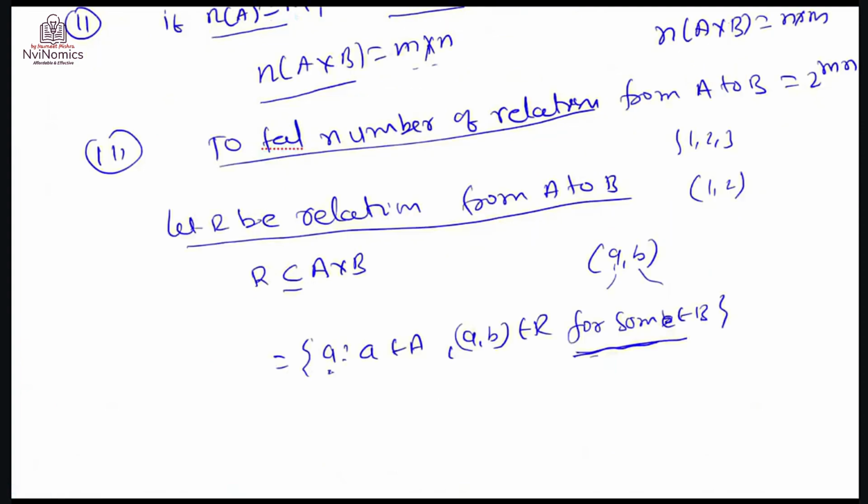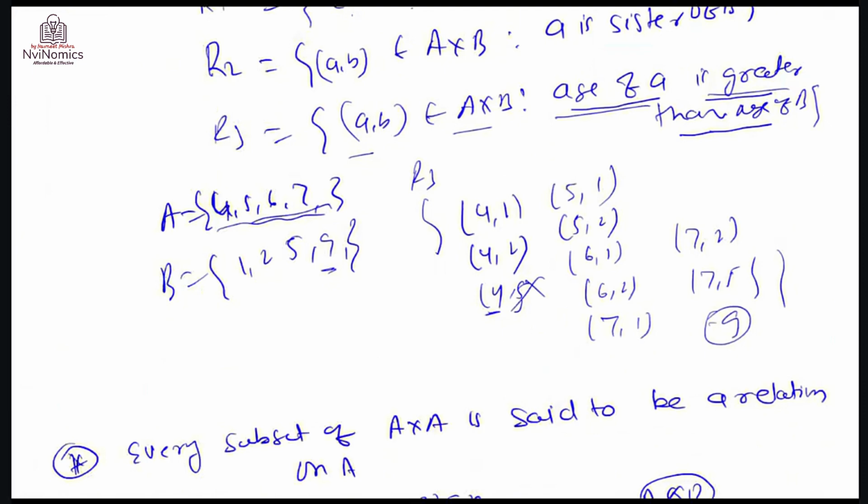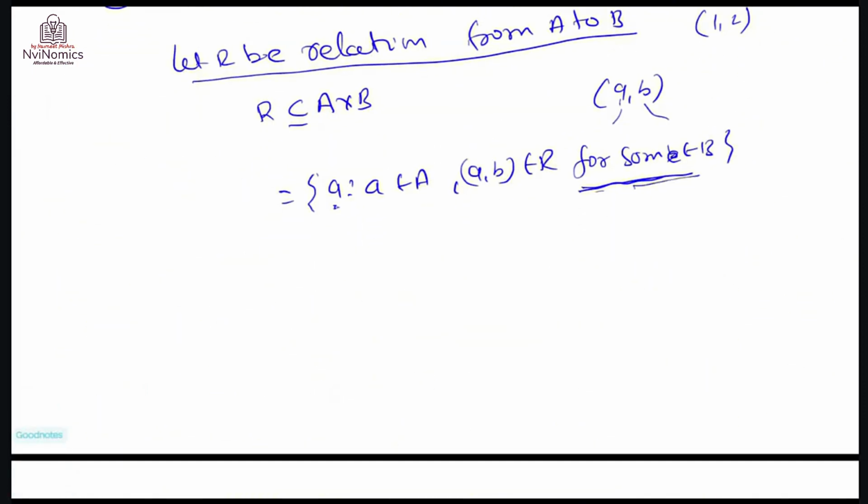Similarly here you can see that I consider in this example 4 5 6 7. So you can see that 9 is not coming here. Okay, but all its elements are coming. So that's why I wrote here for some b. So here a such that a belongs to A, (a, b) belongs to R, means we are considering all its elements, right? So that's why this collection of this set is called domain of R. Okay, domain of the relation R.